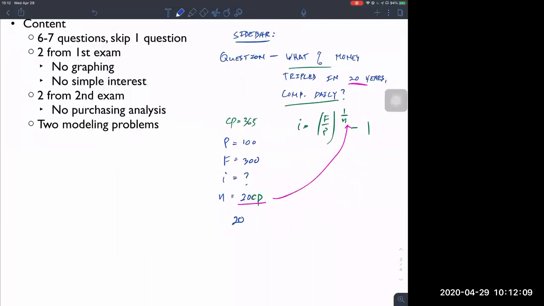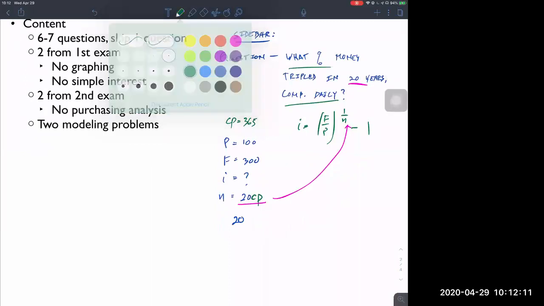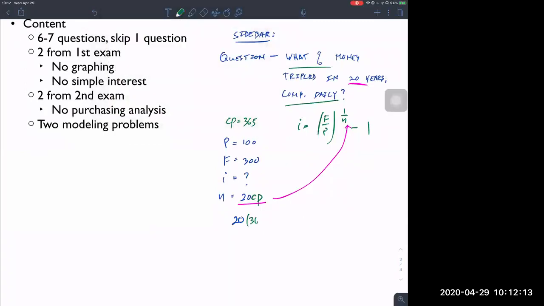So the nice thing about Blackboard is that it allows for multiple answers. So if you gave me 20 times CP, 20 times 365, or whatever that number is, let me humor myself and do this so you guys can have an extra practice problem, 7,300. If you give me any of those three answers, they'll be correct.